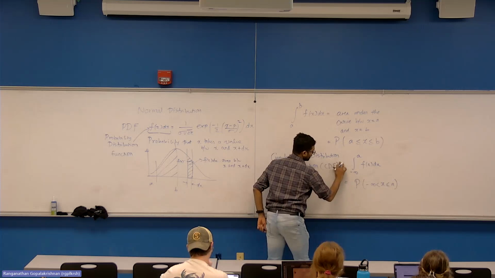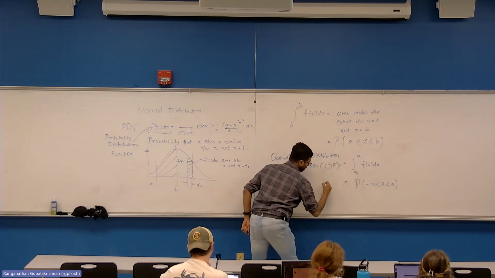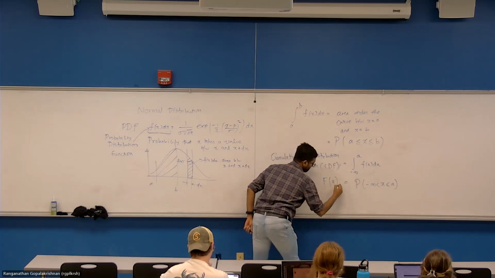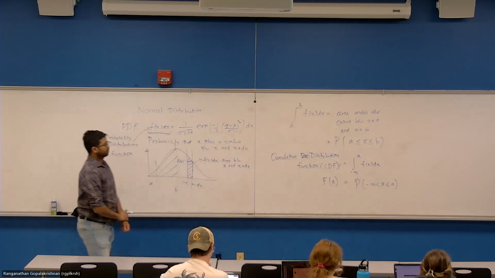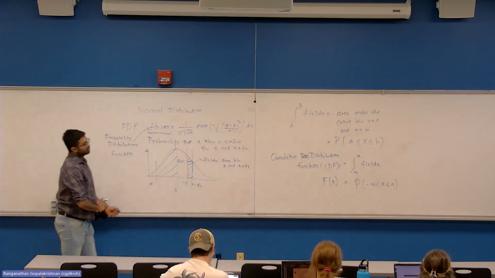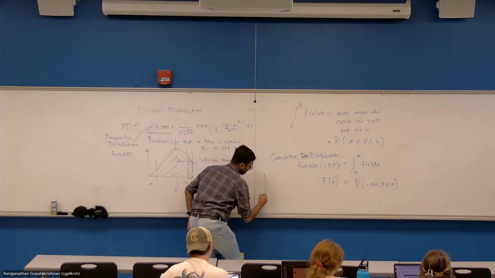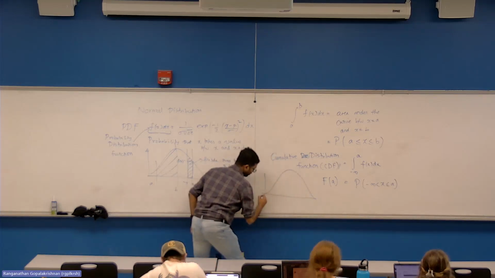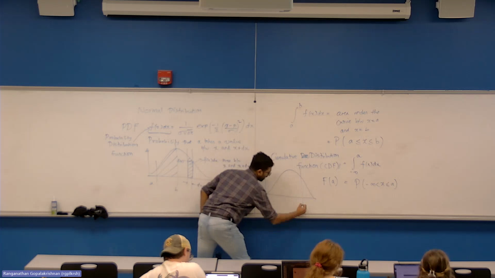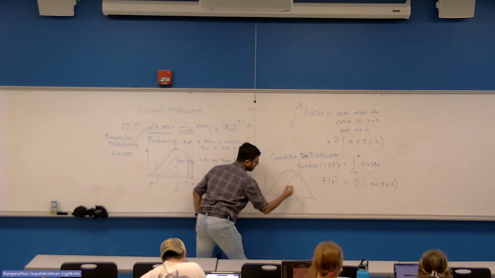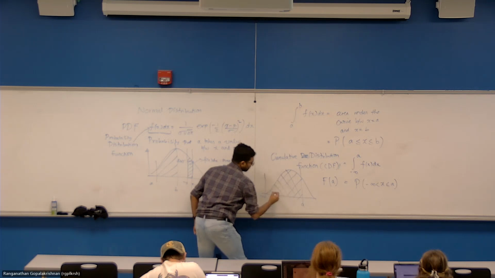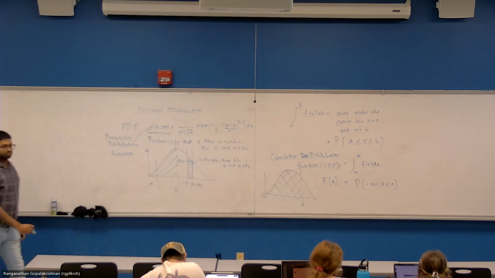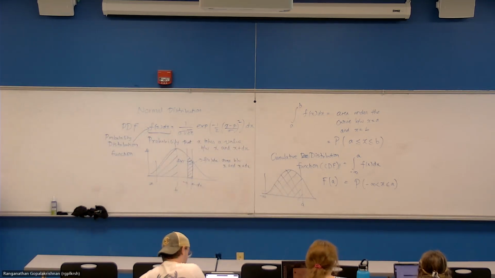We'll call this F of a. So this is the probability that x takes values from minus infinity to some arbitrary value, all the area to the left of x equal to a.